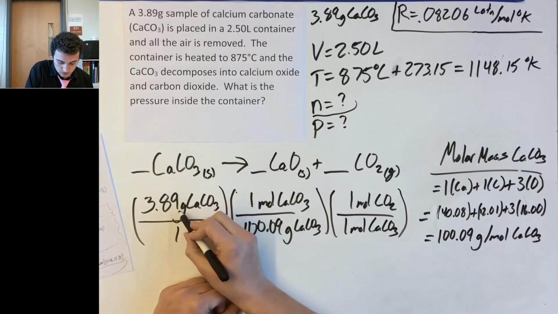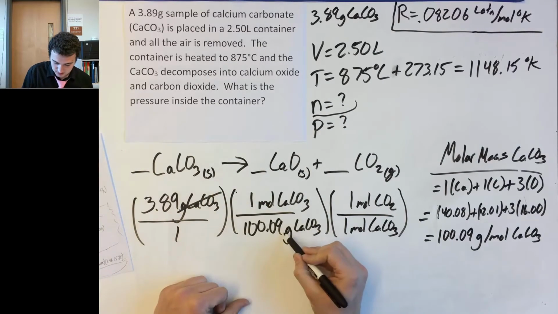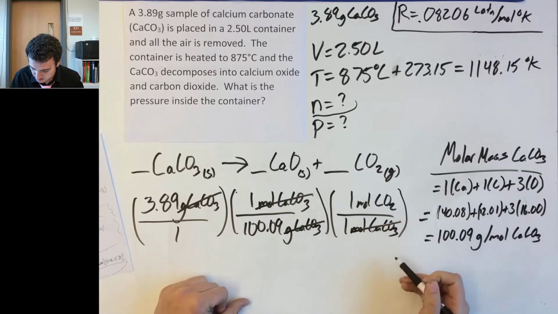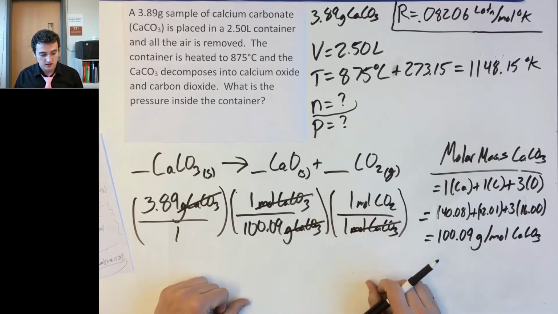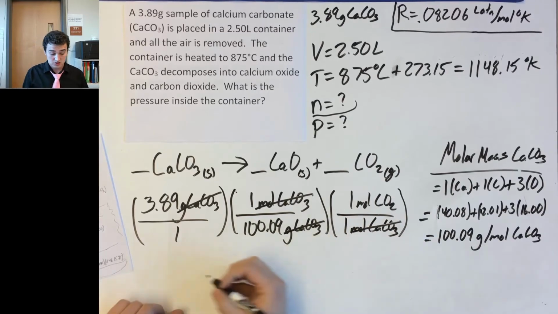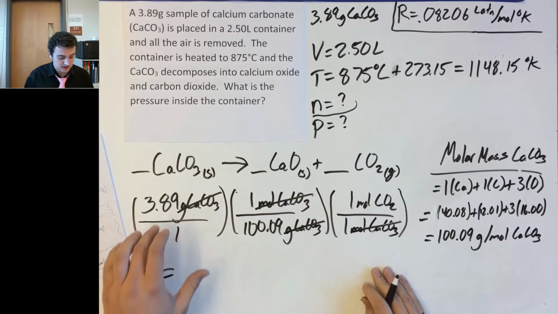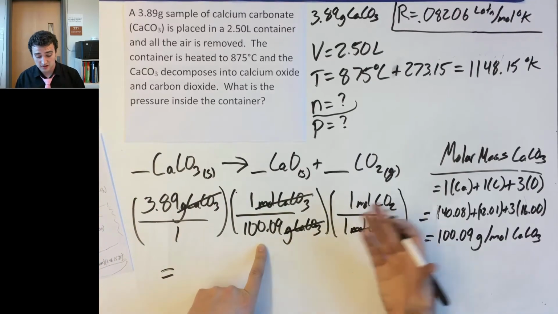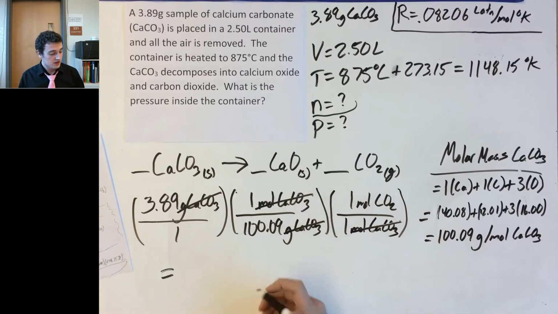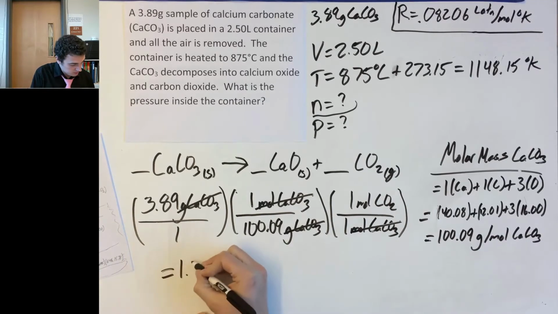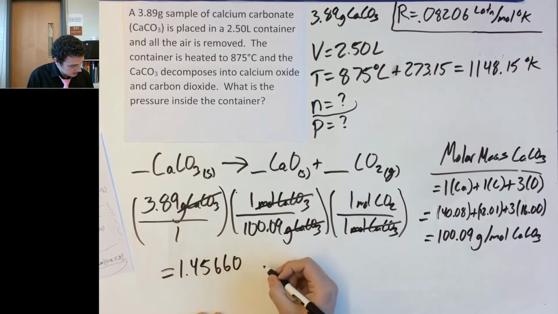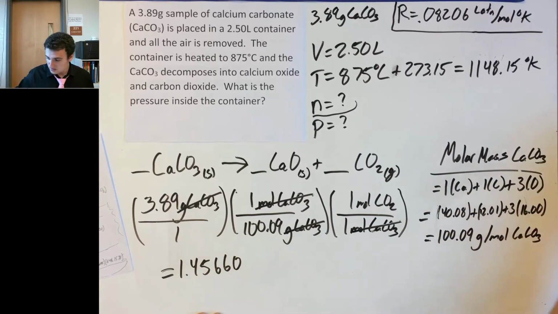So, real quickly, I'm going to solve my units. Grams CaCO3, grams CaCO3, moles of calcium carbonate divided by moles of calcium carbonate, and I end up with moles of CO2, which is good because of what I want. Plugging this in, I get 3.89 divided by 100.09 times 1 divided by 1. Oh, whoops, I looked at a later number.